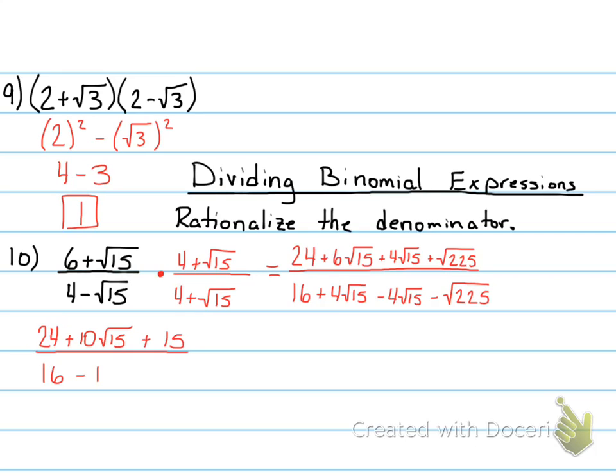Minus 15, because the square root of 225. Now let's simplify this even further. 24 plus 15 is 29. I'm sorry, 39. Got to carry the plus 10 square roots of 15. And then that would be our answer because it's all over 1. If you have any questions, please come see one of the math teachers.